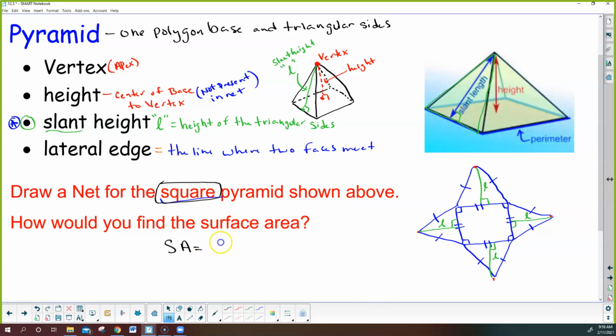So if I think of this as a picture equation, the surface area is the area of the base, which is just the square, plus 4 times the area of one of those triangles. And that's really how you would find the surface area. Just find the area of each piece, add it up.